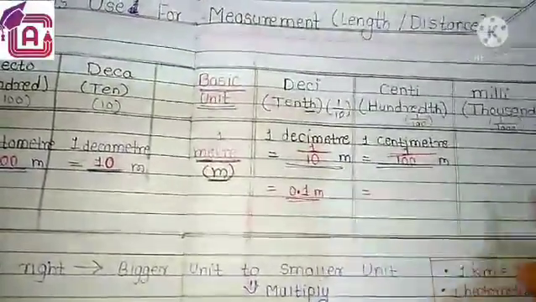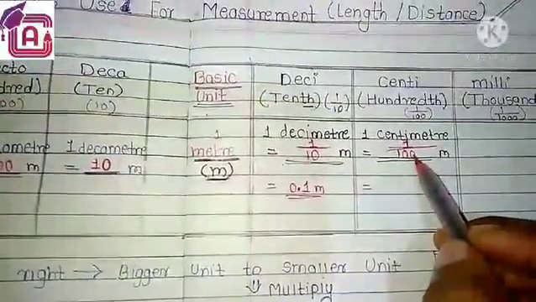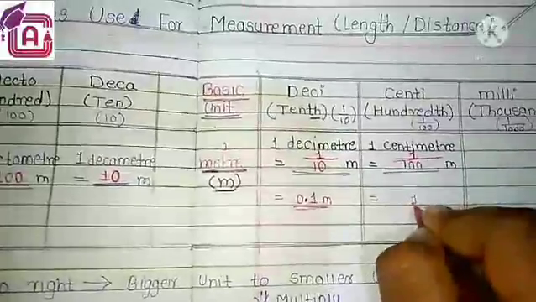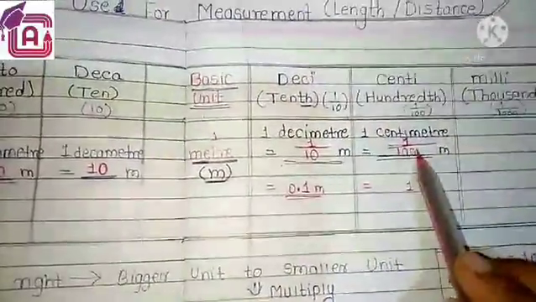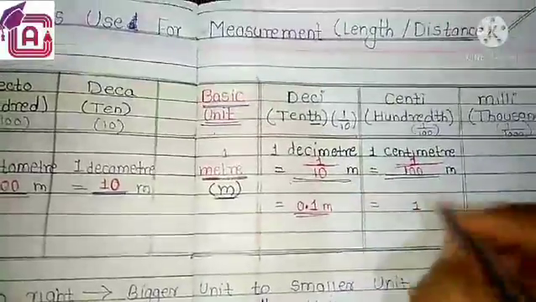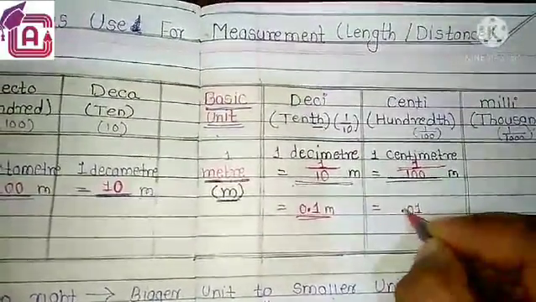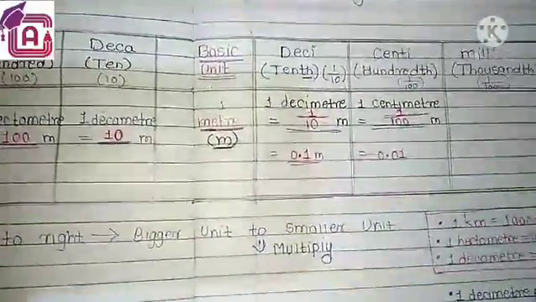So 1 centimeter is equal to how many meter? In a decimal point, how many zeros are there at the denominator? 1, 2. Write down first numerator 1 and leave the places 2 because 2 zeros are there. So the second place is absent, so I am writing 0, and after that we are putting decimal point and again 0.